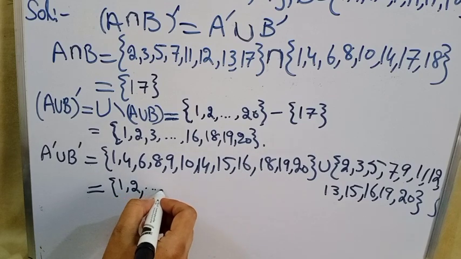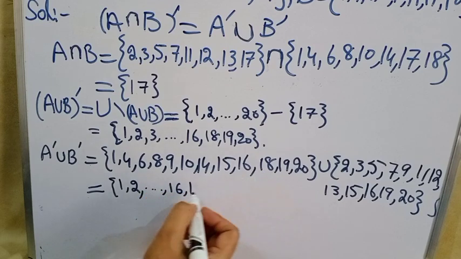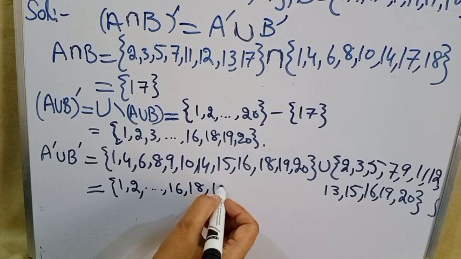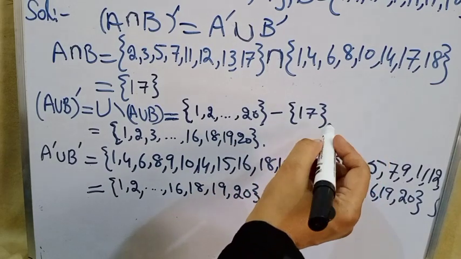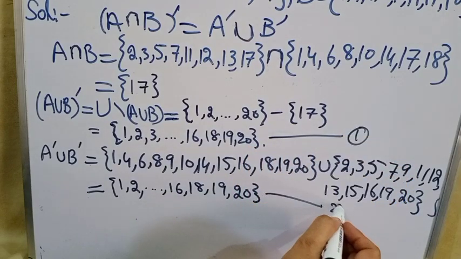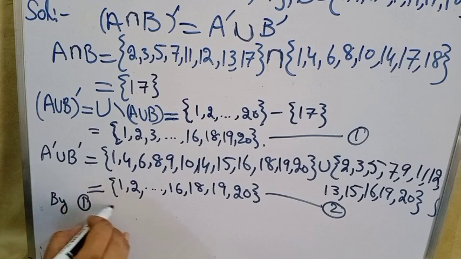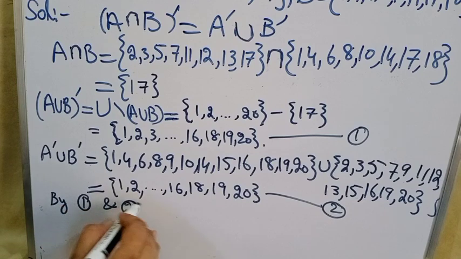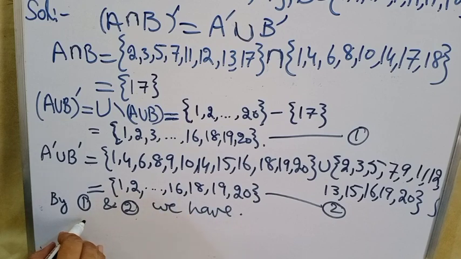So we write it here as 16 and then 18, 19 and 20. Just like this set. This is equation number 1 and this is equation number 2. By 1 and 2 we have left hand side is equal to right hand side.